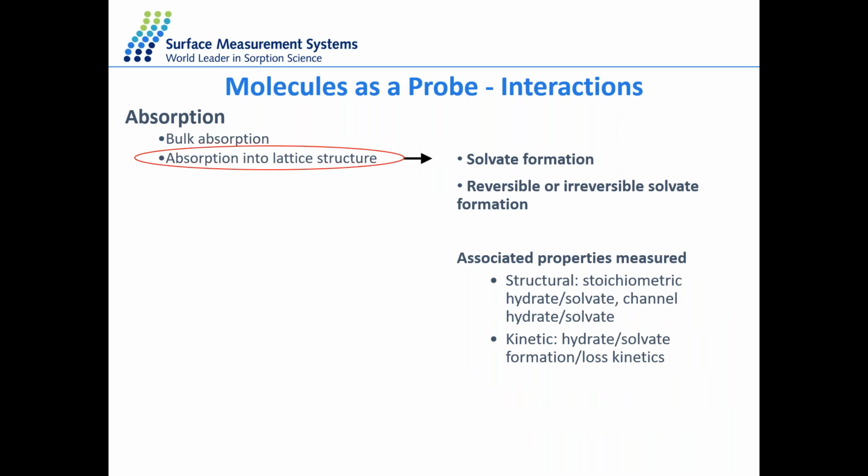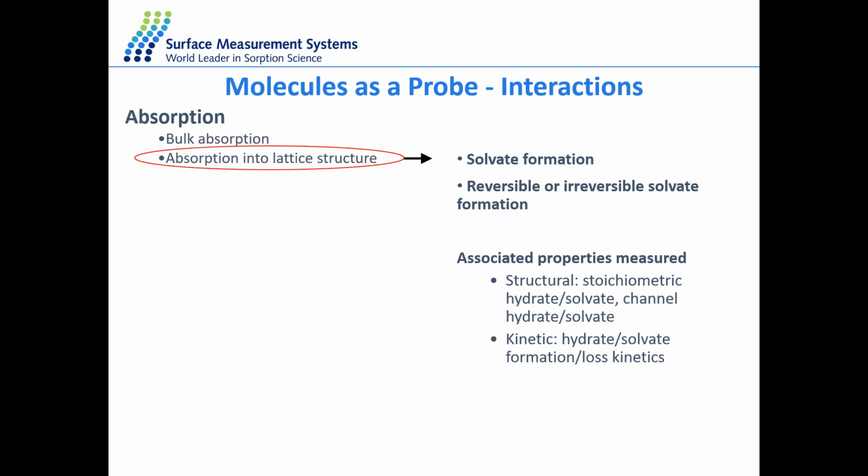And this is a specific structural change from the crystallographic point of view of the molecule that we are analyzing, or the sample that you're analyzing. So we start from a sample that is anhydrous, and it moves to a hydrate or solvate, depending on if you're using water or an organic solvent.